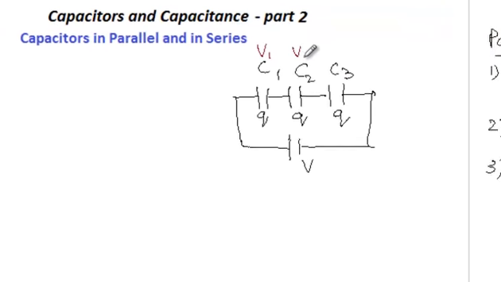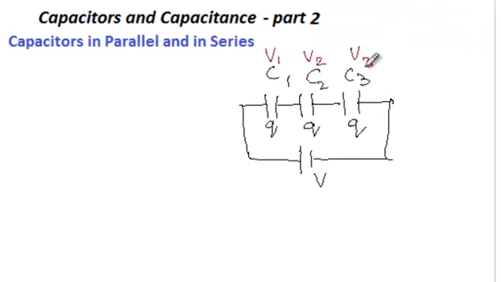Now the potential across each of them will be V1, V2 and V3, and you can see that the total V is the sum of these individual potentials. So V is equal to V1 plus V2 plus V3.